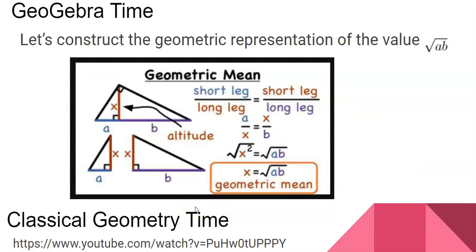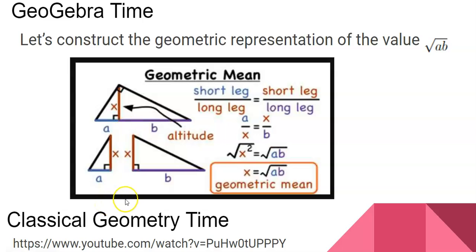So let's visualize everything. Please have a look at this acute triangle. A plus B here is the longest side of this acute triangle. And then we're going to divide this acute triangle into two right triangles through the altitude x.